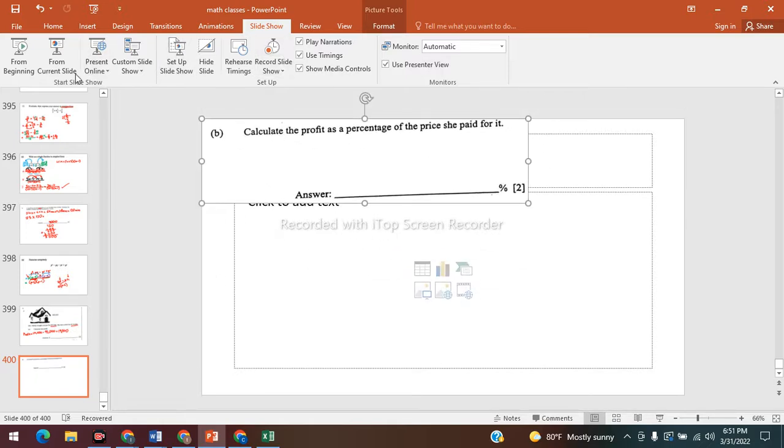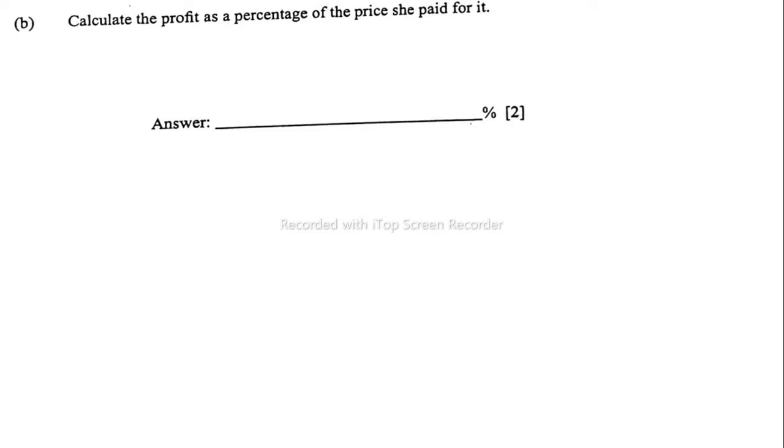Alright, once again, write the question down. So calculate the profit as a percentage of the price she paid for it. Any answers or ways you think we could do it? Any ideas? Go ahead, you don't have to be shy.